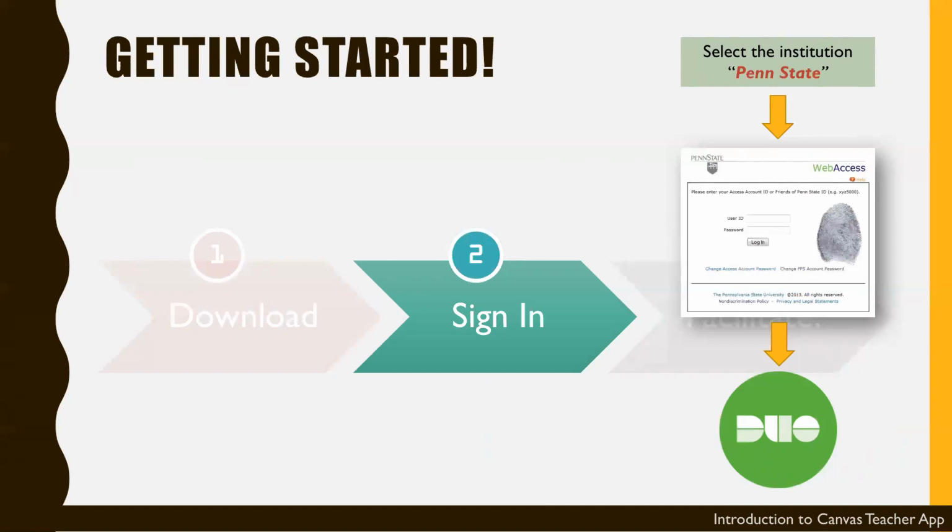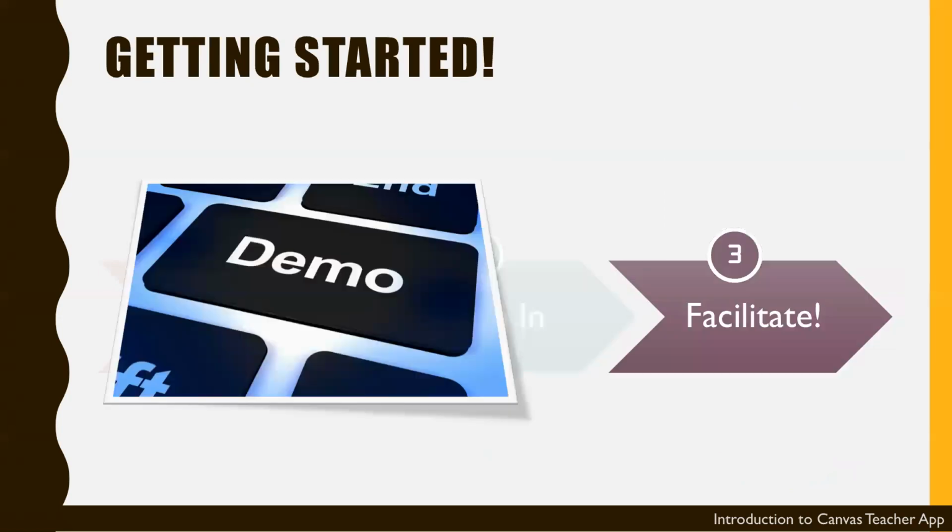Then it will ask you to do dual authentication, so you would have to have your dual authentication device ready. Once you go through this process of logging in, you will have access to the Penn State courses that you have access to as an instructor.